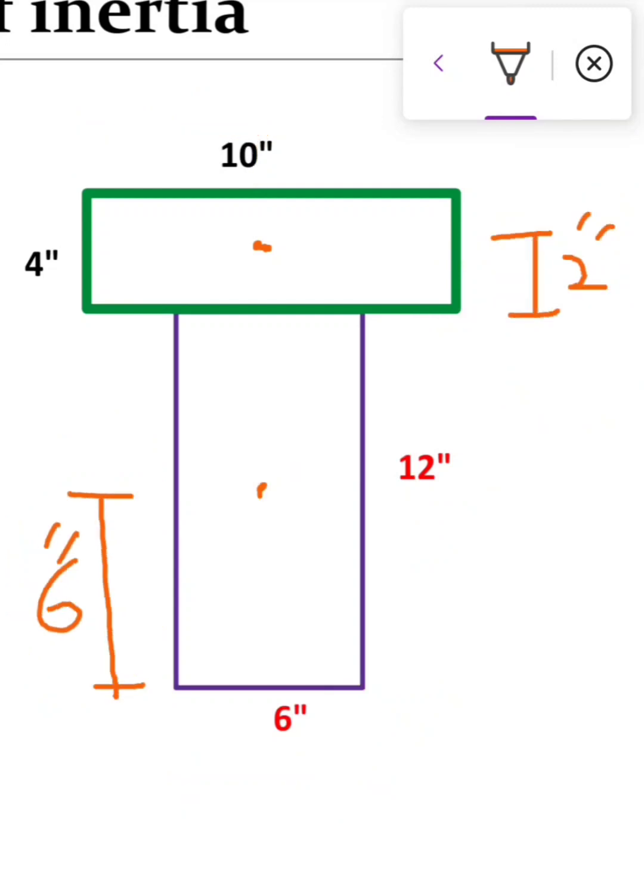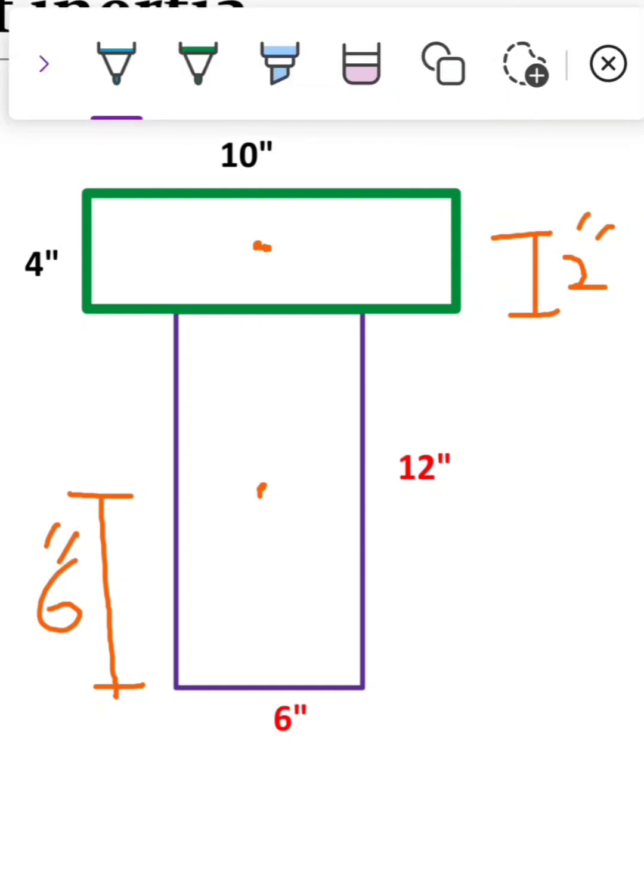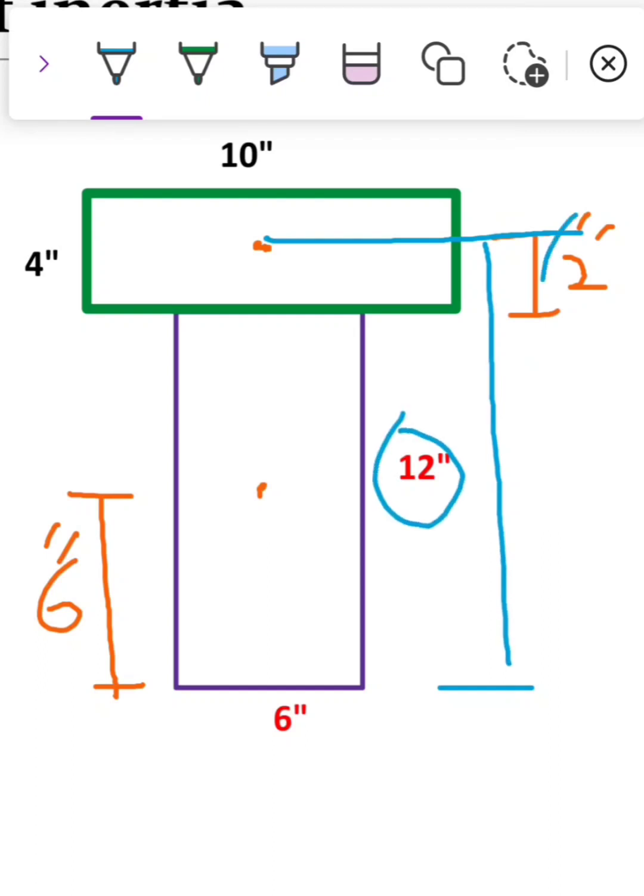Now the second step is to calculate the combined center of gravity for both figures. Remember, this is the second step for calculating the moment of inertia. For this, the distance from the lower fiber to this central point, the total distance is 12 plus 2 inches.